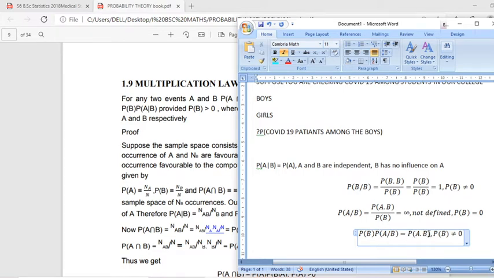That means probability of A intersection B is equal to probability of A given B into probability of B for two events. So this is the multiplication law for two events.